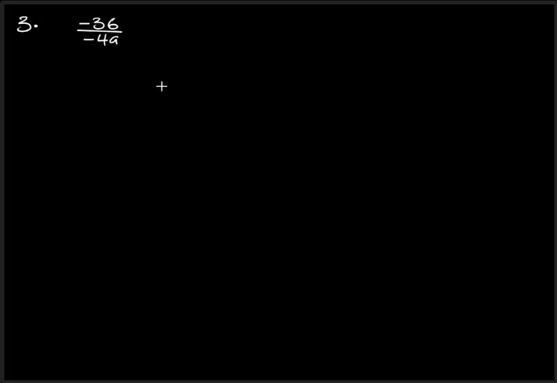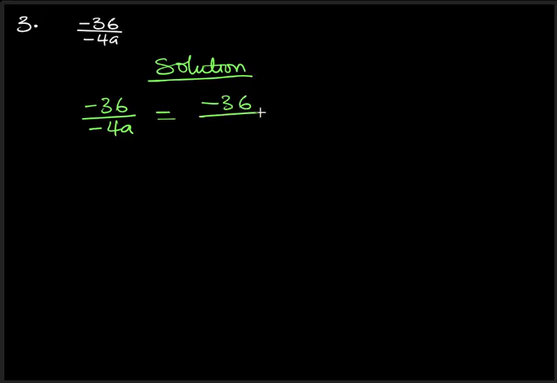Okay, now we have the next one, minus 36 divided by minus 4a. So this will give us minus 36 all over minus 4 times a. Minus cancels the minus.